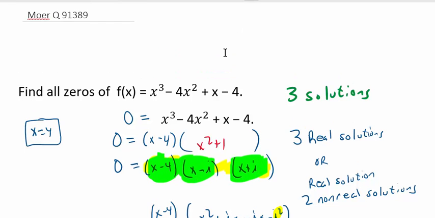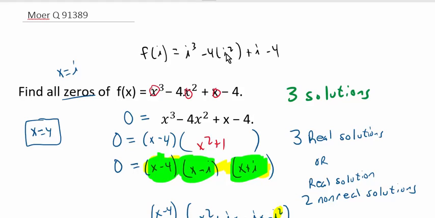So the only thing left to do now is I promised at the end of the video that I would show that x equals i was indeed a 0 of the function by replacing x with i and show that the output would be 0. So doing that, if you let me replace all of the input variables with i, we would get f of i equals i cubed minus 4 times i squared plus i subtract 4. i cubed is equivalent to negative i.